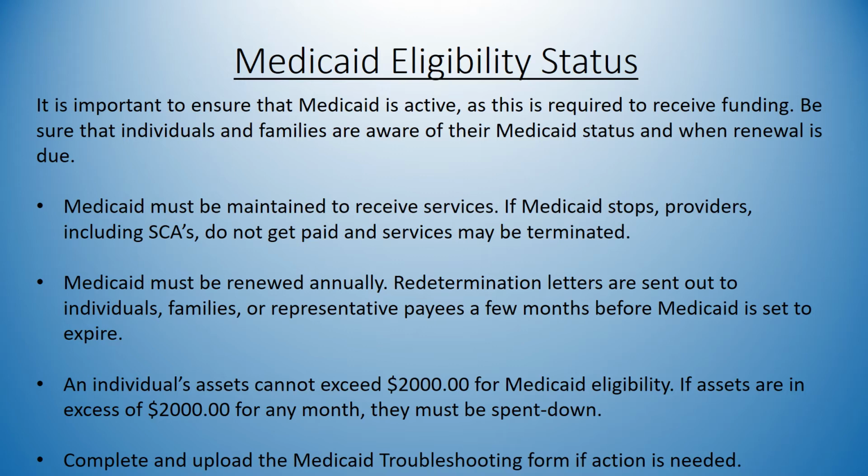If assets are in excess of $2,000 for any month, they must be spent down. Be sure that individuals and families are aware of their Medicaid status and when renewal is due. If Medicaid is inactive, you must complete a Medicaid eligibility troubleshooting form, upload it to iRecord, and submit to the Medicaid Eligibility Help Desk.